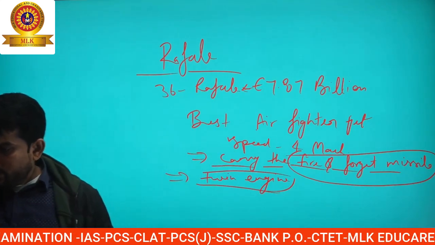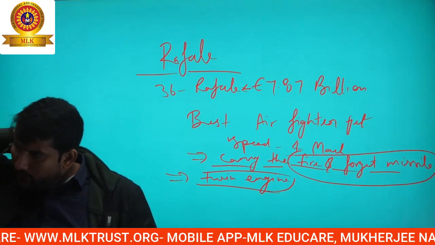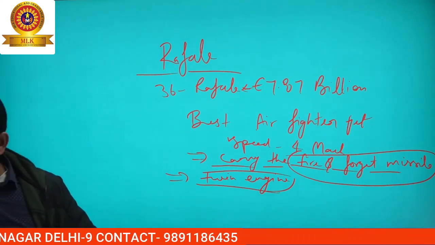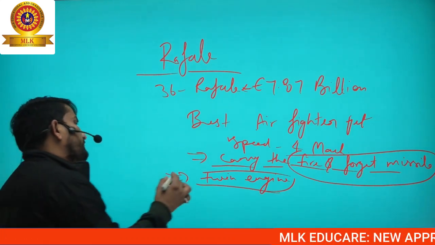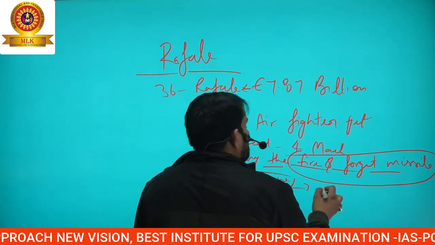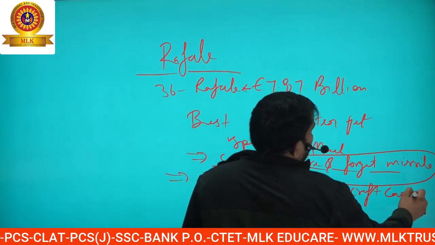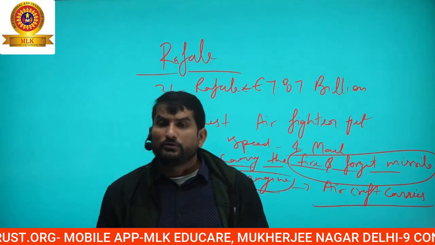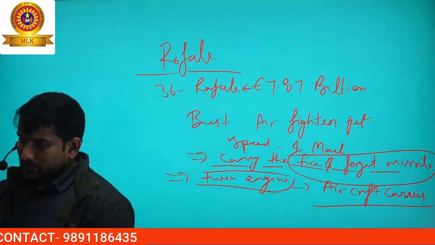That means two engines are mounted here, and if one fails, the other one will work. And it is able to operate from both the aircraft carrier and the shore base. That means from the aircraft carrier INS Vikramaditya. INS Vikramaditya also carries the Rafale jet.